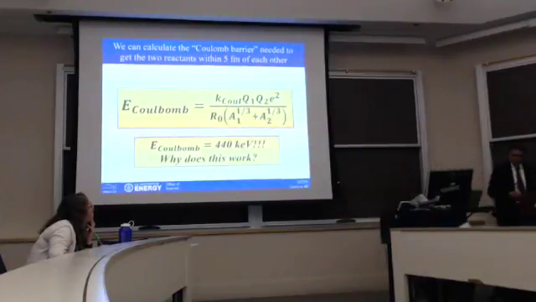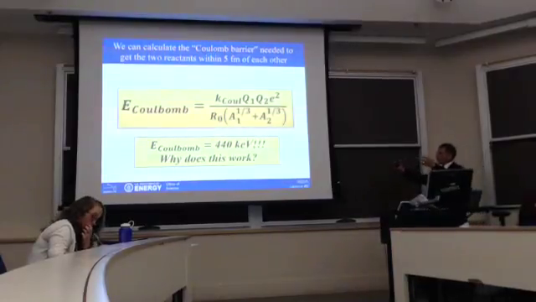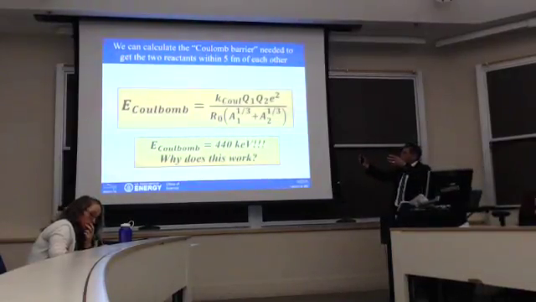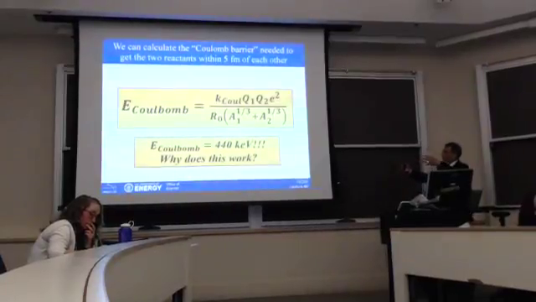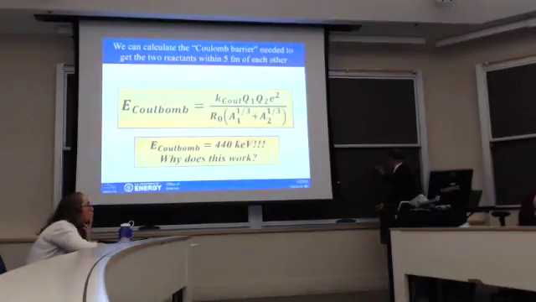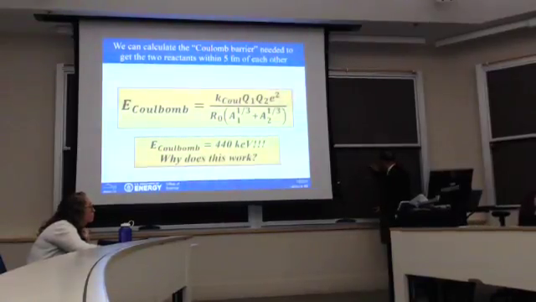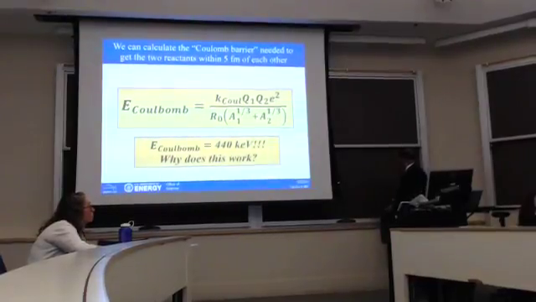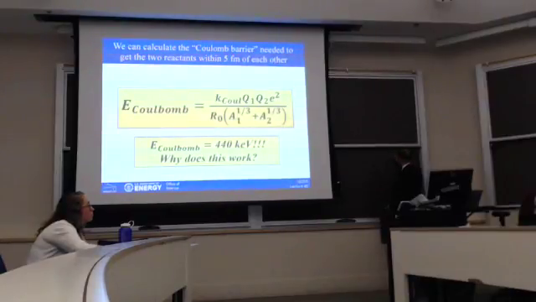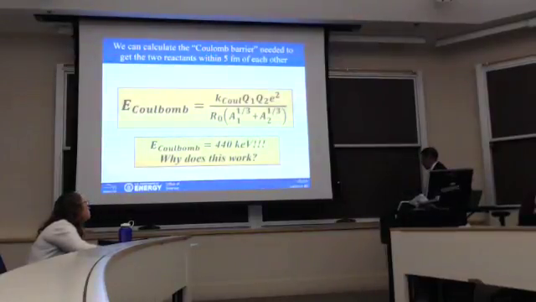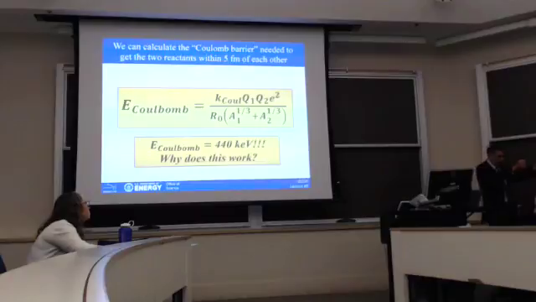If I take two spherical objects of charge like this, and I make them touch at their mutual radius, so I have R1 and R2, and this one has Z1 E charge, and this one has Z2 E charge, you can calculate the energy required to make these two things kiss, to bring them touching.